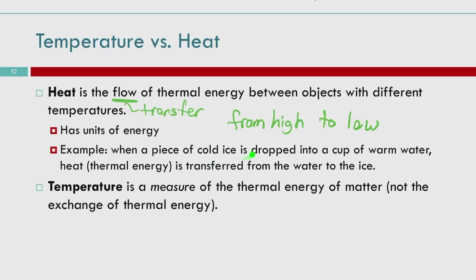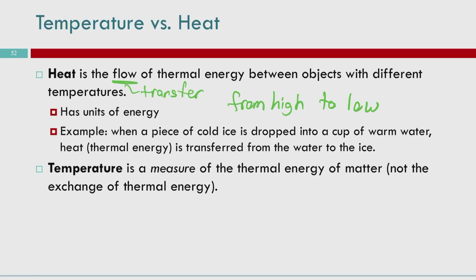If you put a piece of cold ice into a cup of warm water, the ice cube has less thermal energy, so it absorbs energy from the water that's around it. And that cools down your water. That's how ice works. Temperature is a measure of thermal energy, but there's usually a little bit of heat exchanged as well.